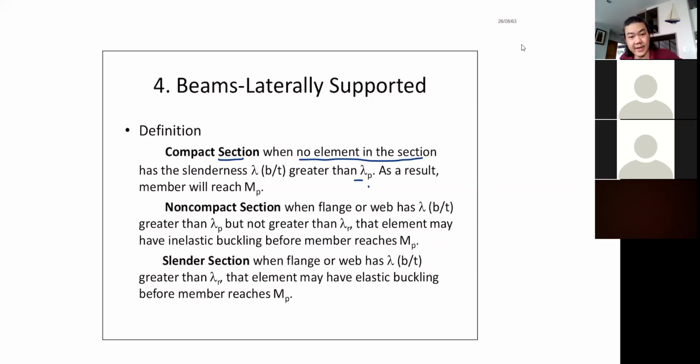And your member can now reach Mp. That means both must be compact.